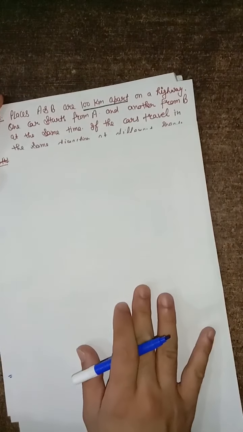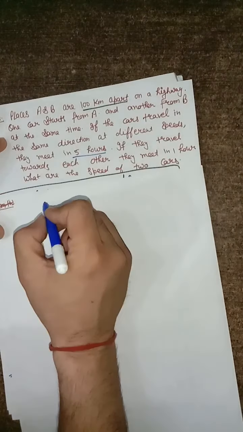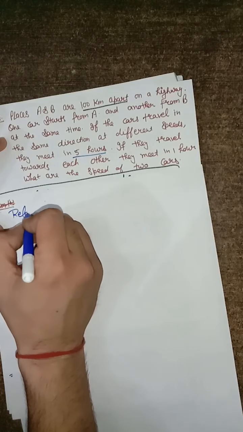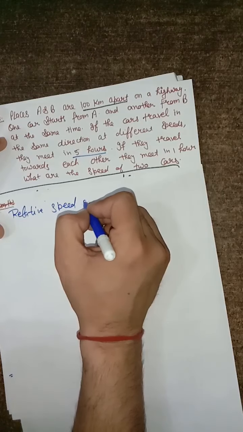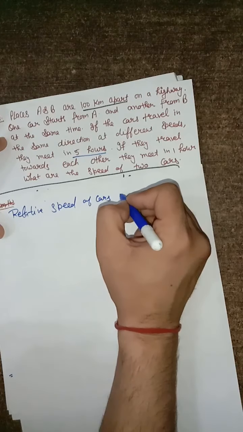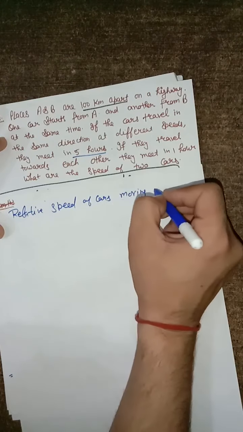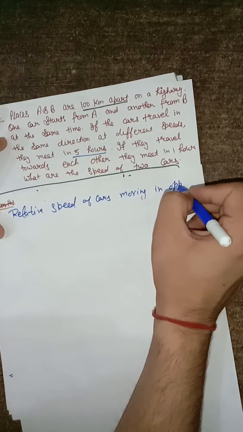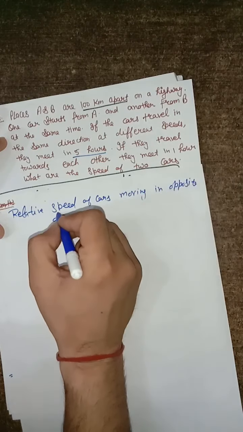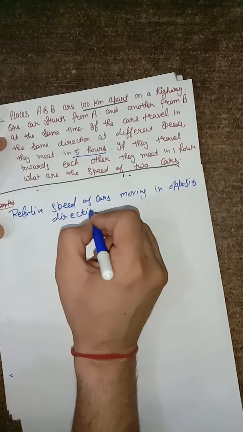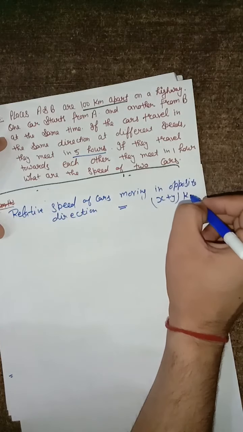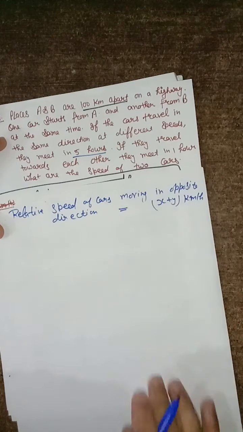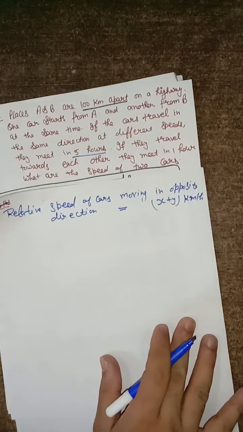Now for my second equation, the relative speed of cars moving in opposite direction. In opposite direction, the speed will get added, and this will become x plus y kilometers per hour.